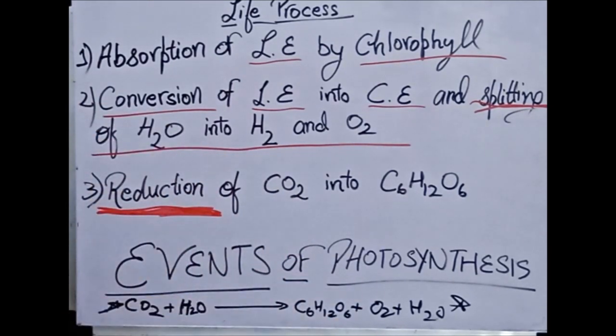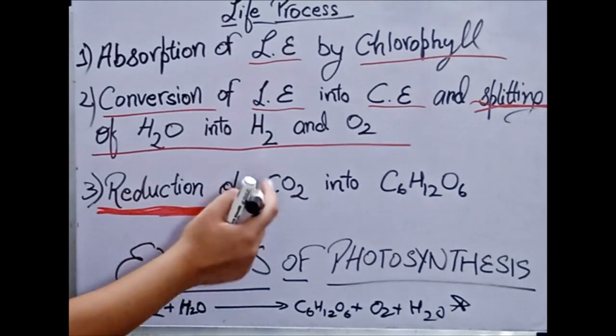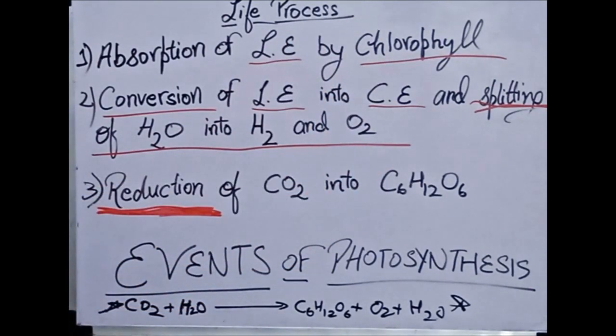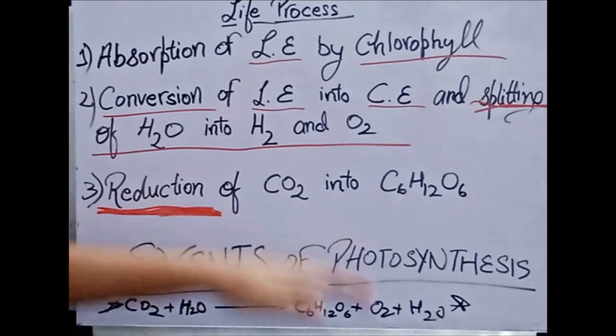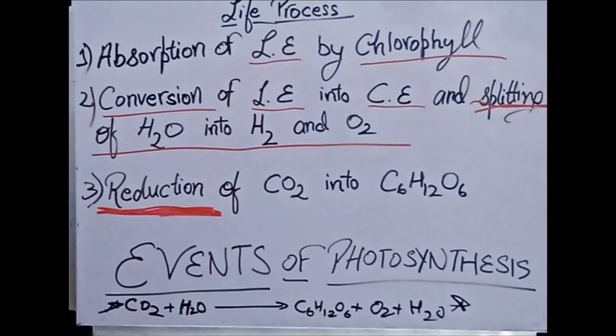Reduction is gain of hydrogen, first of all. That's why we can say reduction of CO2 into C6H12O6. These 3 points are the events of photosynthesis. You can just write them down, learn them, because they will be asked in your exams.